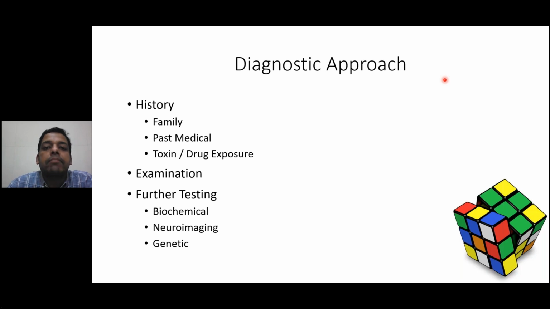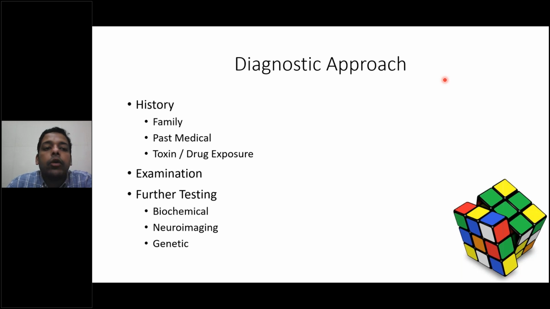Family history gives us a better idea about some inherited or some metabolic causes of ataxia. The past medical history is again important to shortlist some causes of ataxia, and toxin or drug exposure, because ataxia is commonly seen as a toxicity for anti-epileptic drugs, primarily phenytoin.